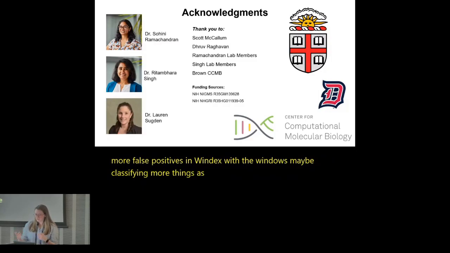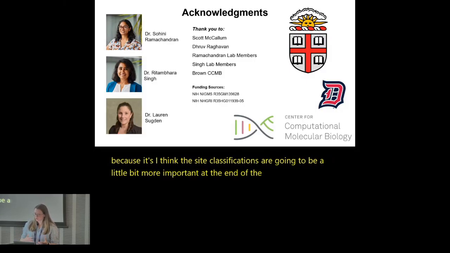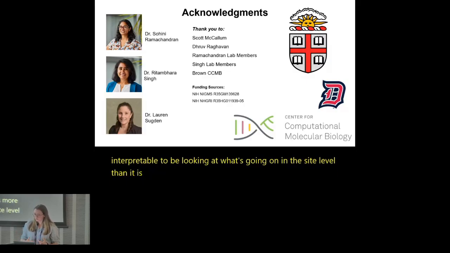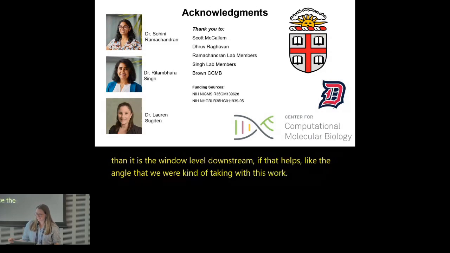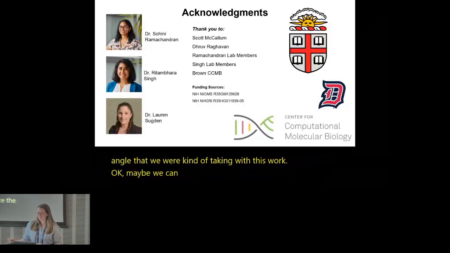I'm willing to sacrifice some of that false positive rate because I think the site classifications are going to be more important at the end of the day. It's more interpretable to look at what's going on at the site level than the window level downstream. That's the angle we were taking with this work. Okay, maybe we can chat a little bit after this.